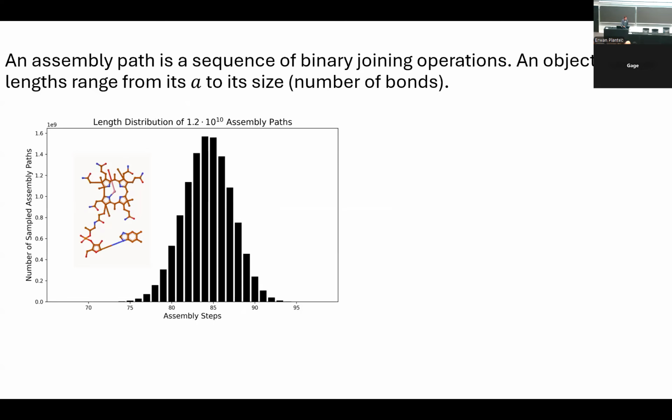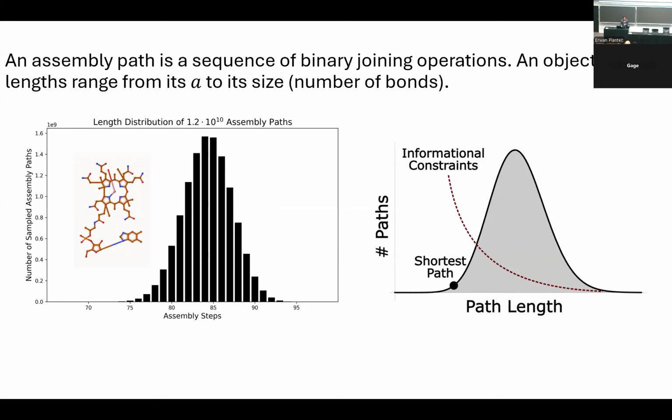These paths can range at the low end to the assembly index, because that's the shortest path it can be, and at the high end, in this case, to the number of bonds, because you need to add at least one bond every time. But what we're going to do is impose some more constraints, the selection, onto this distribution to shift it and talk about how the expected path length changes as a function of our model of selection.